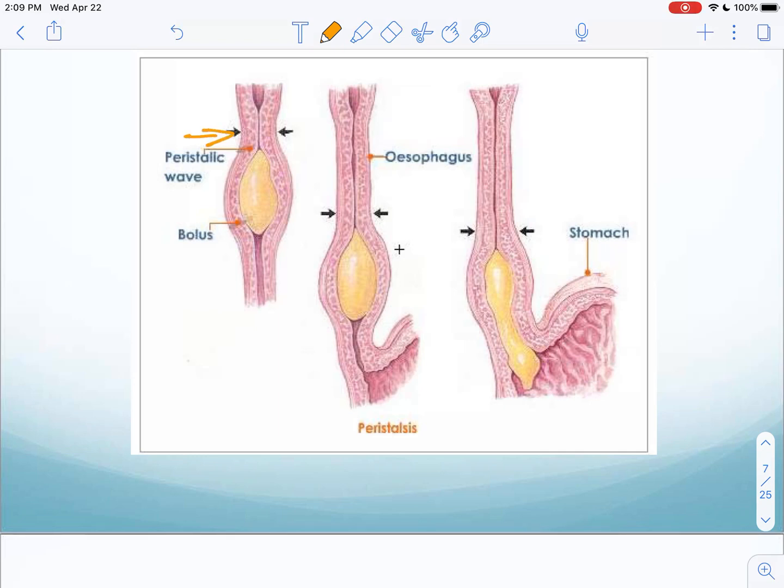So here the muscles have contracted, forcing the bolus, which is this yellow structure, downward. And then you can see further down, it contracts again, pushes the bolus further south, contracts again, pushes it even more, and now we're down into the stomach. So those contractions continue to push. It's like pushing from the end of a toothpaste bottle. We're going to compare that to what's called segmentation, which works a little bit differently in your intestines. But your pharynx and your esophagus work by peristalsis to move that bolus.